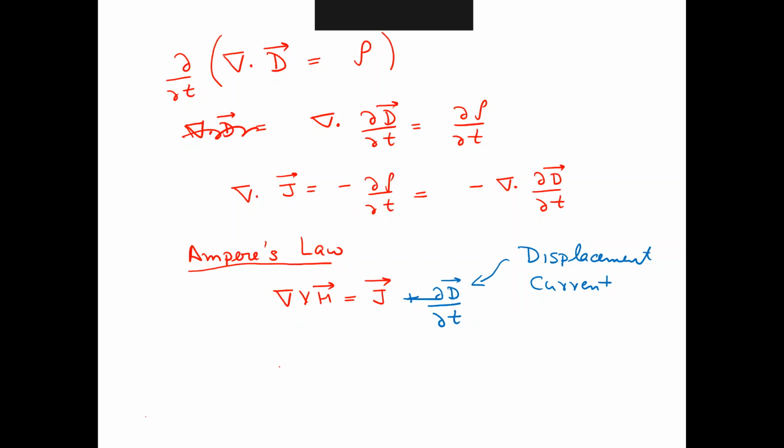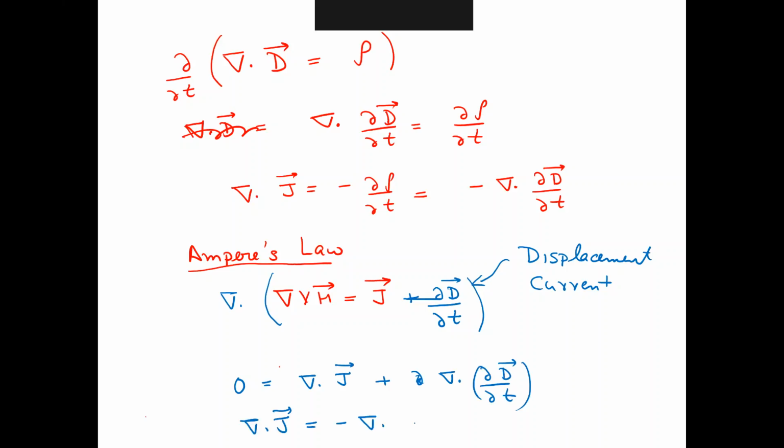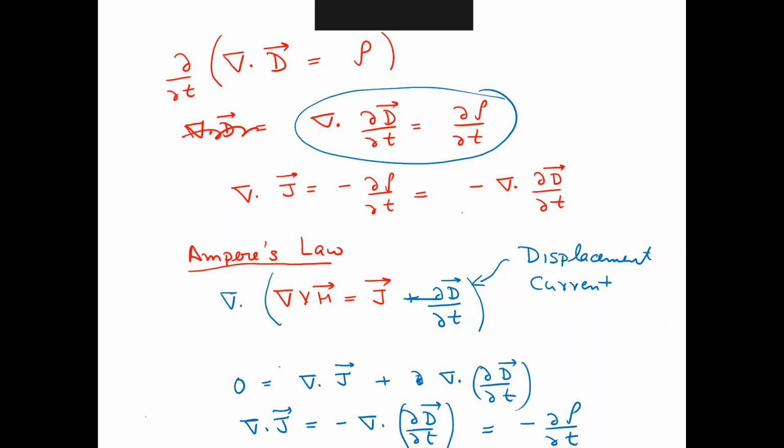Now let's see what happens if it diverges. The left hand side is going to be del dot J plus del dot del D by del T, or del dot J is equal to minus del D by del T. We know del dot D is rho, so this is minus del rho by del T. Just computing this part over here.